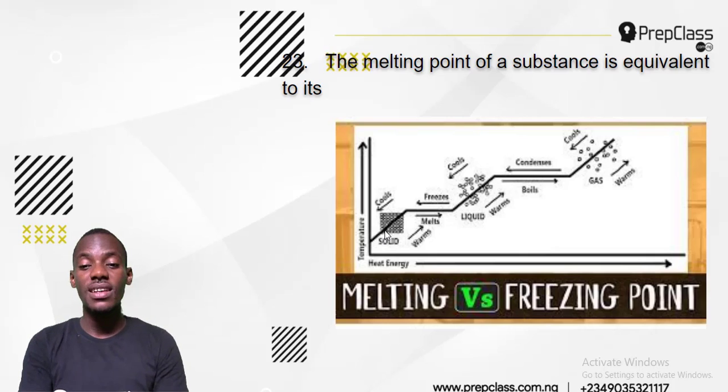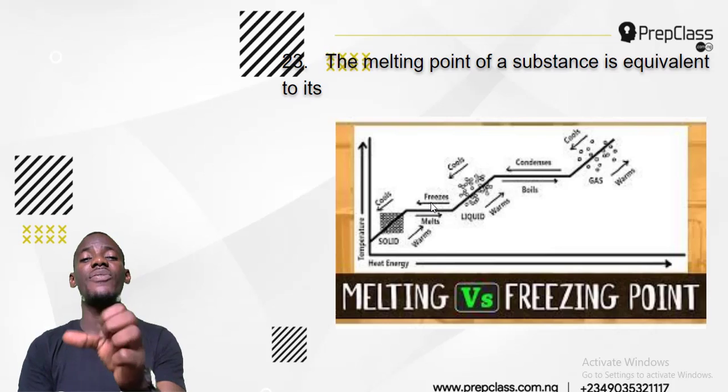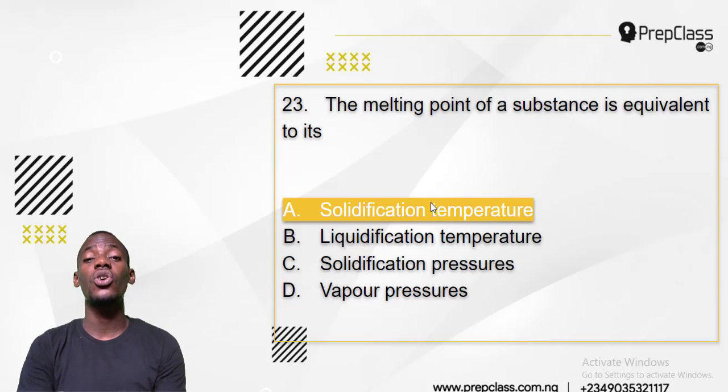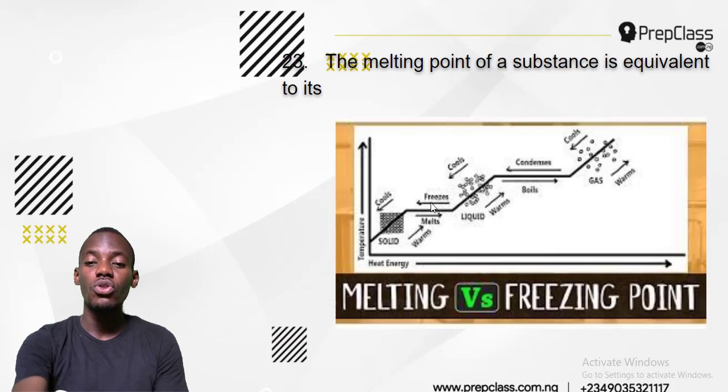And that is it. So melting point is the same as the freezing point or the solidification temperature. And that is the answer, because at freezing point it solidifies, it becomes solid like ice, and that is the answer for number 23.